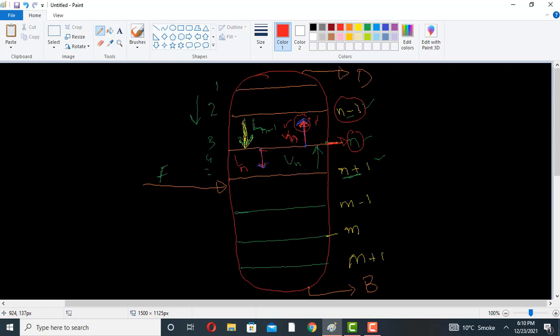Now what will be the material balances? In order to derive the rectifying section equation, we will apply material balances on this upper section, using a control surface.